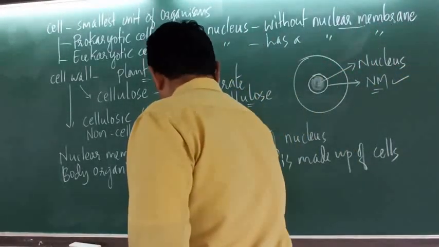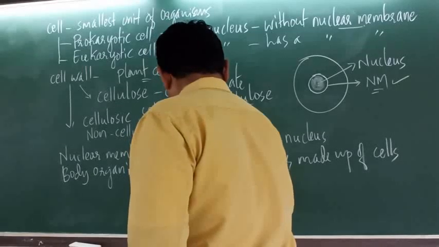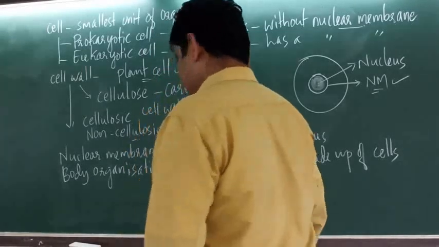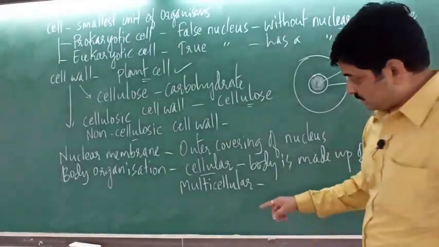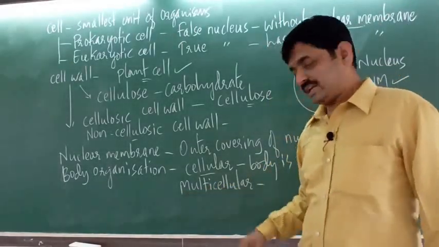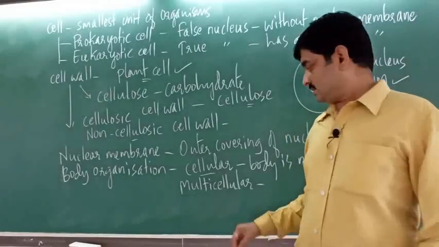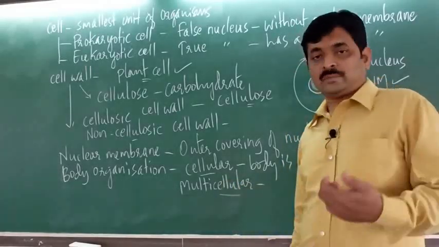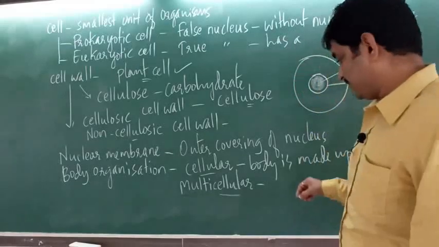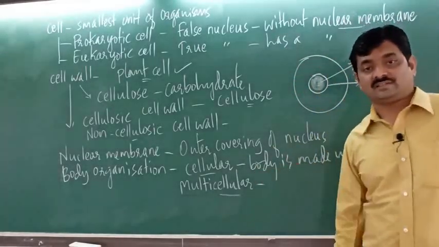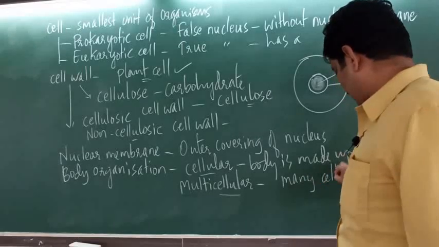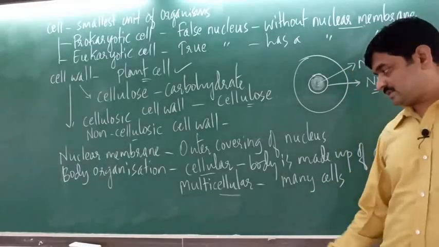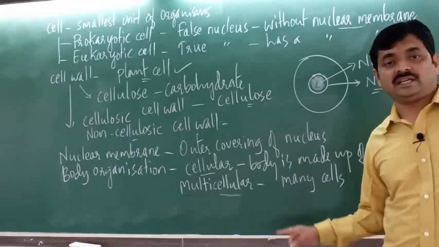Then multicellular. So what is this multicellular body organization? Here multi means many, right? Here cellular can be called cells, many cells. When body is made up of many cells, we can call it multicellular.